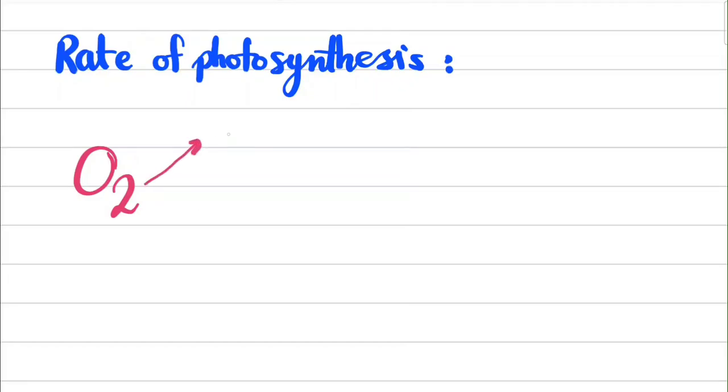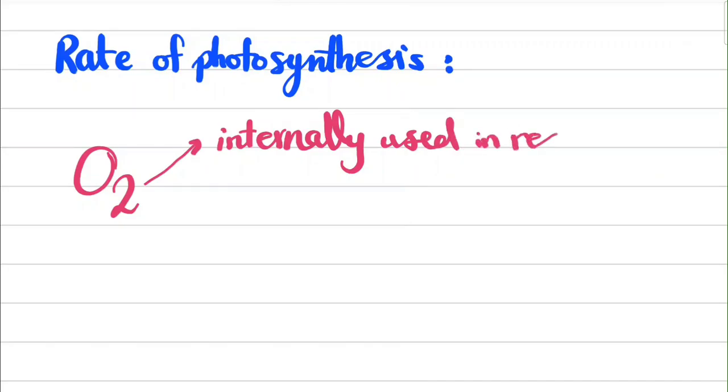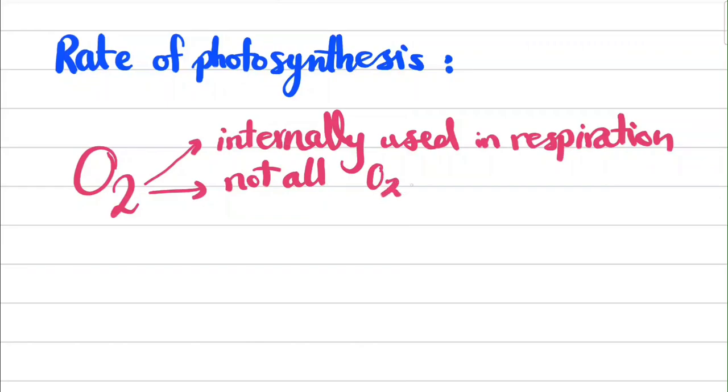First of all, oxygen might be internally used in respiration. That's one point in your mind map. It might be internally used in respiration. Not all oxygen reaches the gas syringe.